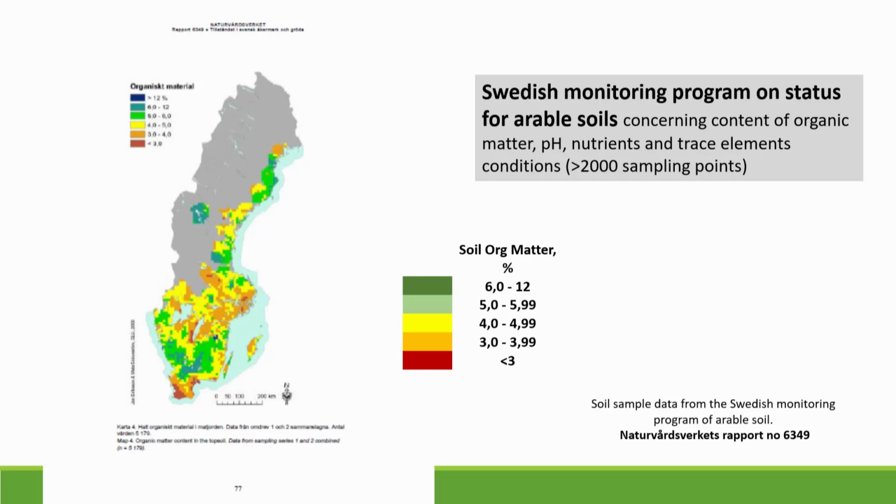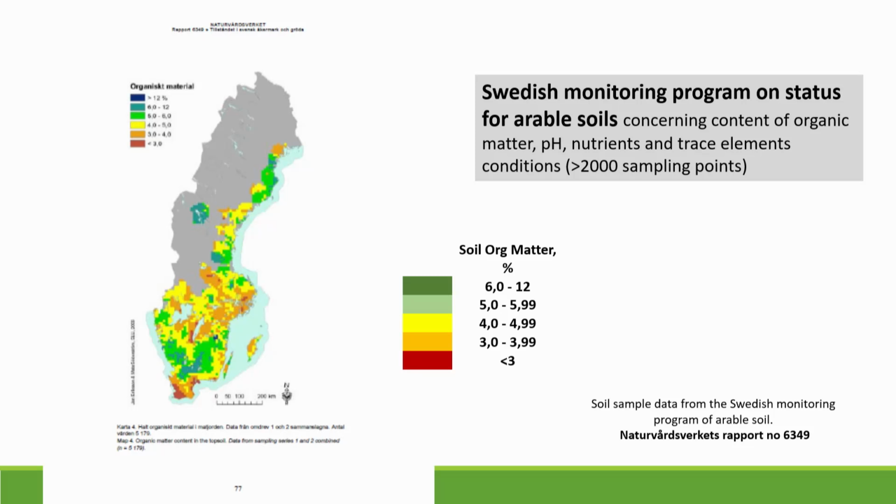And we can also see that in the west we have a bit higher because we have a wetter climate. Generally, I would say that on a global scale we have quite good quality of these soils. And this is based on what they actually do in the monitoring program.